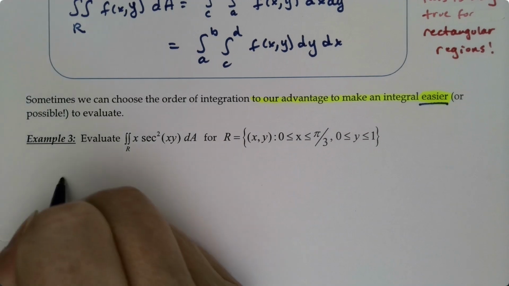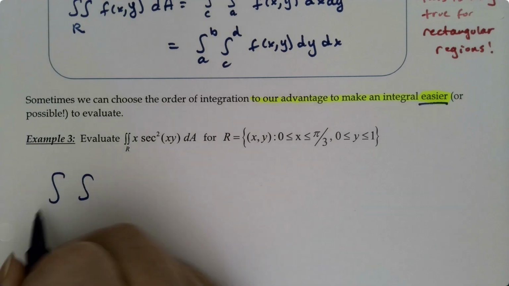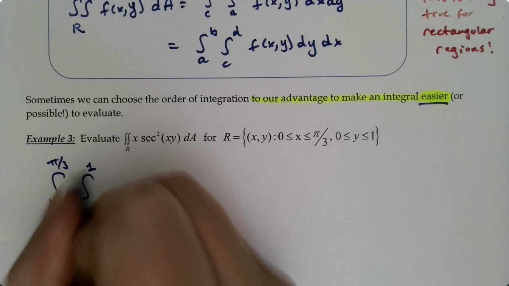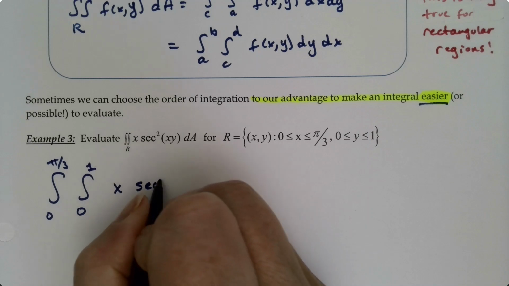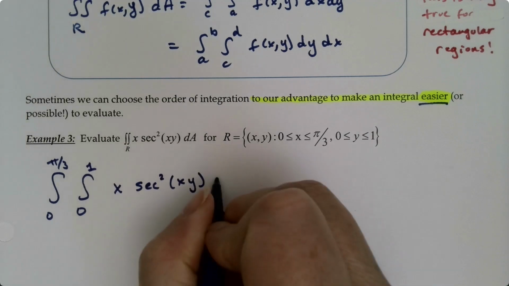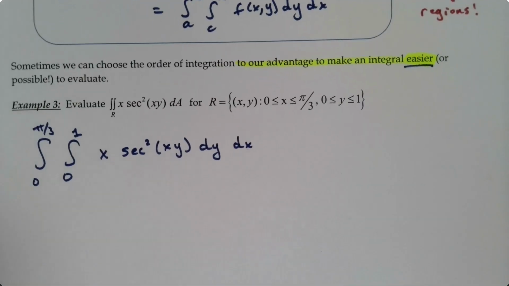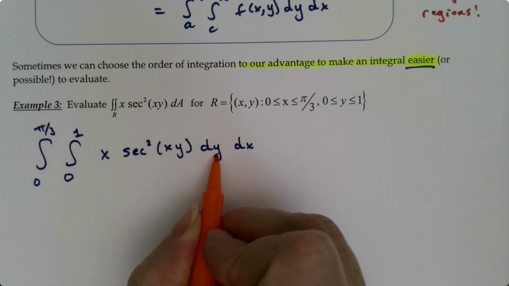All right, so let's integrate this. So we're going to integrate this from, now the x goes from 0 to pi over 3. The y goes from 0 to 1. All right, so x secant squared of xy dy dx. Okay, so does the fact that I'm doing this with respect to y make things easier?